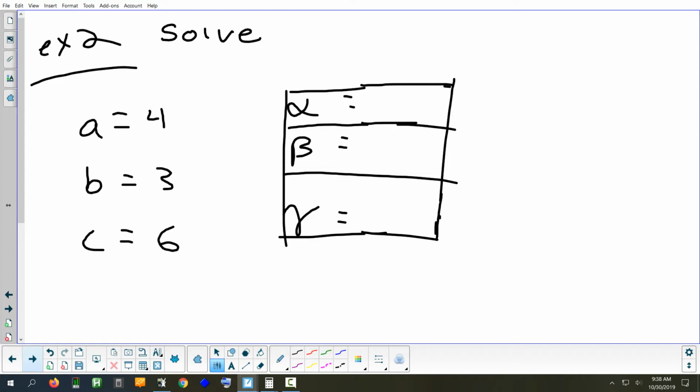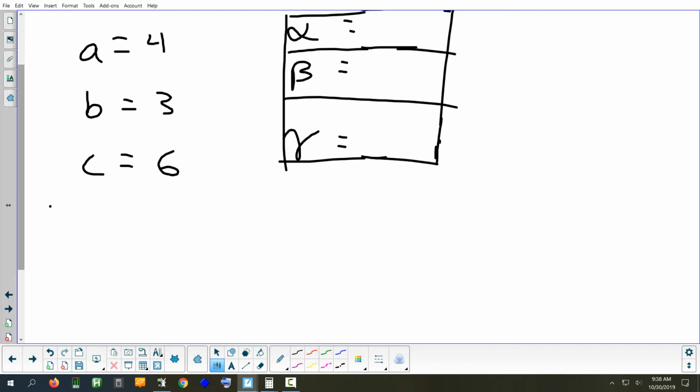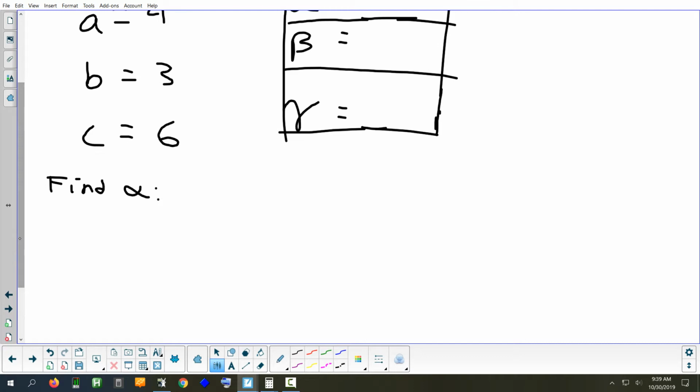So, anybody pick an angle and tell me which one you want to find first. You get 3 choices and you can't go wrong. Alpha. So, let's find alpha. How does the law of cosines start when I want to find alpha?